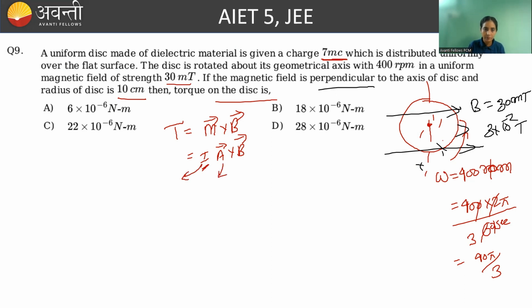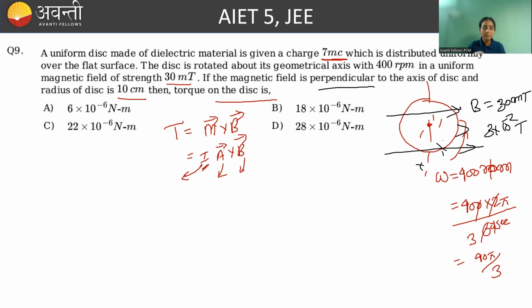Area is given already. Magnetic field is given. The angle between the area vector and the magnetic field is what? That will be 90 degrees, because the magnetic field is perpendicular to the axis of rotation, and the axis of rotation is normal to the plane. The area vector also happens to be along the normal to the plane.